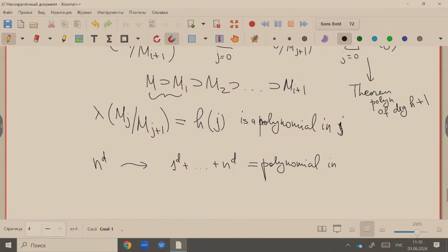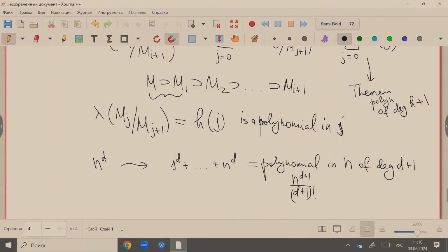If you have a fixed degree d, you can write down the sum with respect to n: 1 to the degree d plus etc. plus n to the degree d, and it is a polynomial in n of degree d plus 1, and the highest coefficient looks like n^(d+1) divided by (d+1) factorial.